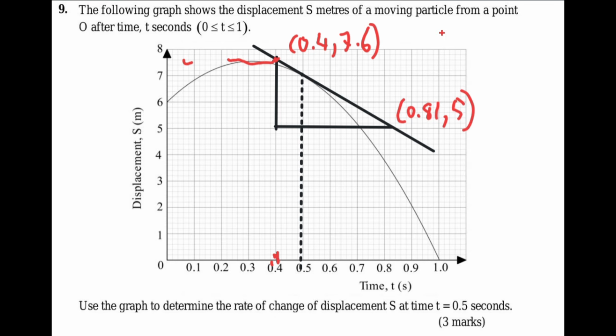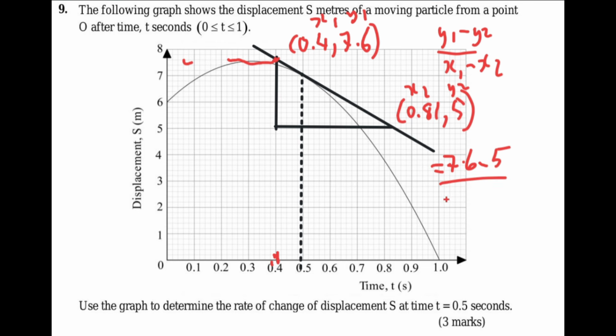So again, change in y over change in x, y1 minus y2 over x1 minus x2. So y1 yetu ni hiyo, hii ni x1, y1, x2, y2. So chukua 7.6 minus 5 all over 0.4 minus 0.81.